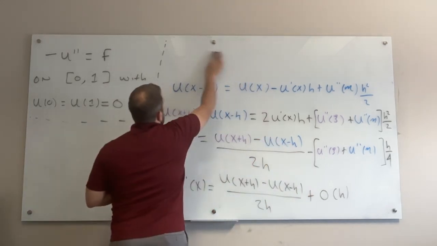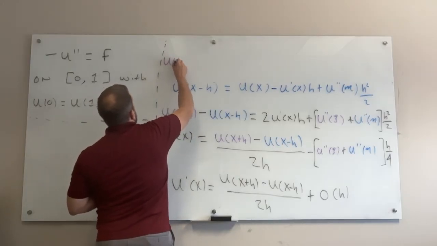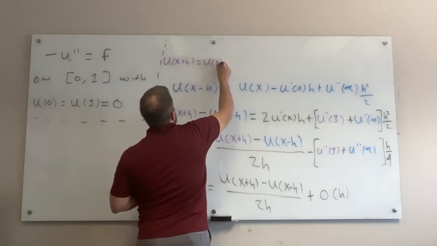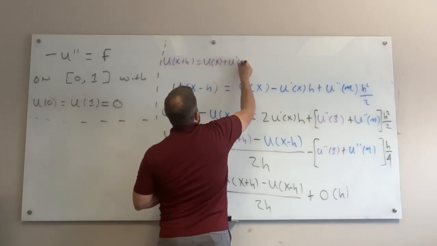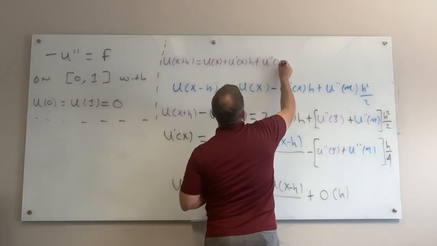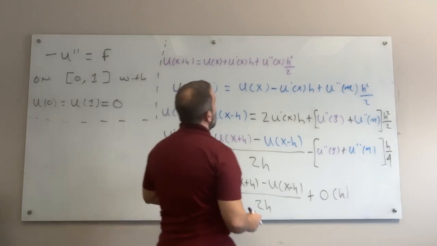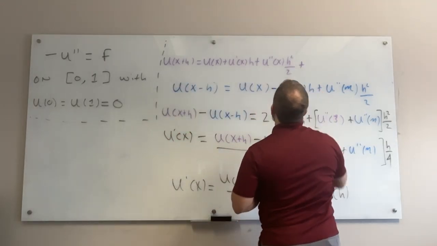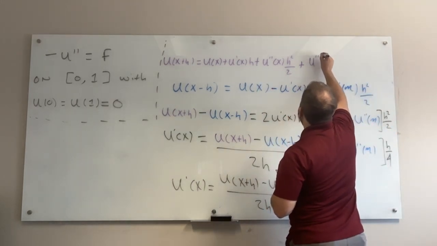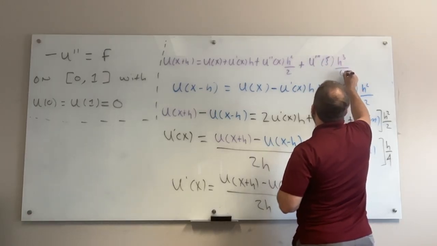If you look at more terms, we're going to get u of x plus h is equal to u of x plus u prime of x times h plus u double prime of x times h squared over 2, plus u triple prime of c times h cubed over 6.